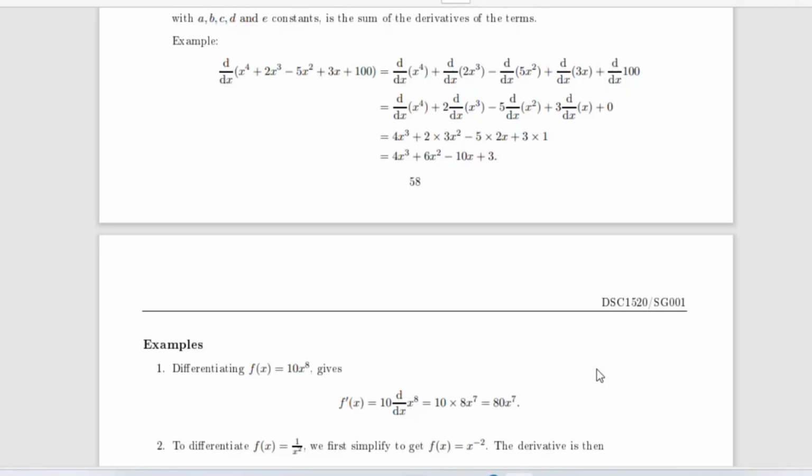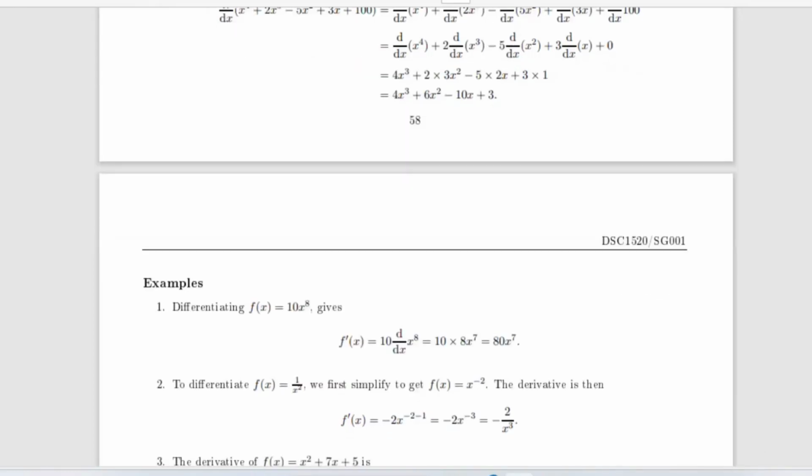You bring the exponent in front. The exponent is -2. You take the -2, you bring it in front, then to the exponent you subtract 1. So it becomes -2x to the power -3. Yes, Butle, that's where the witchcraft is coming in.